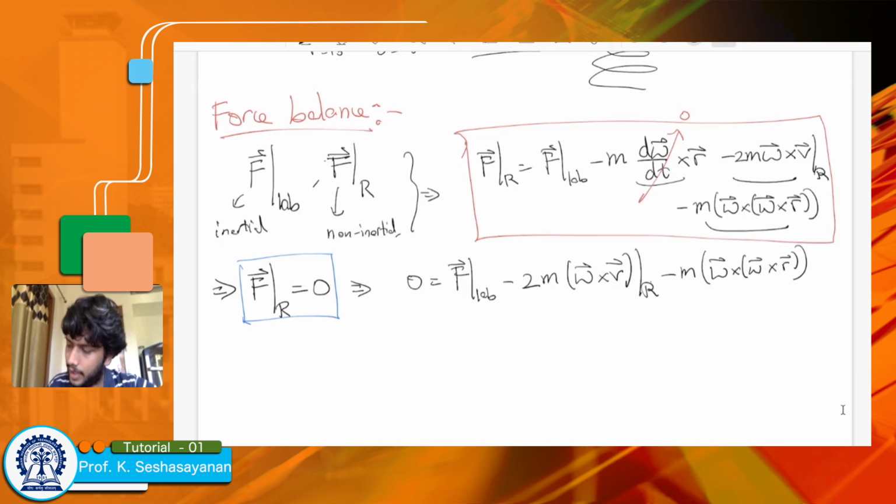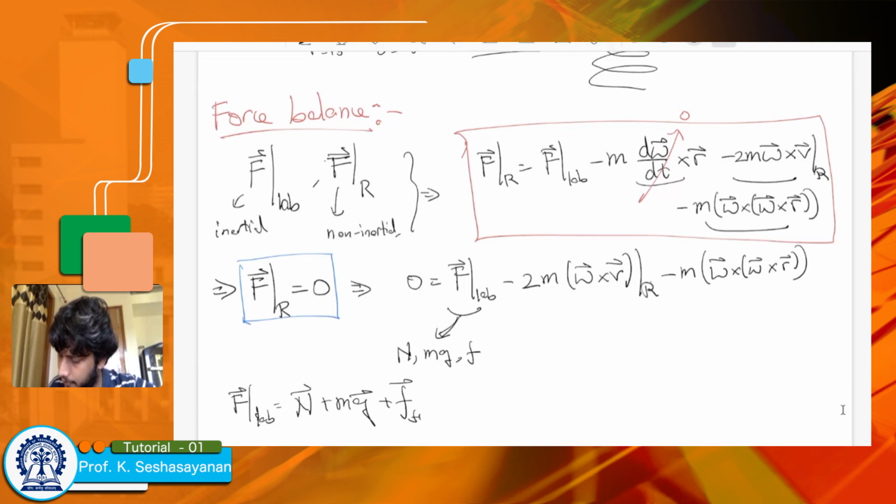So in F lab, we have the external forces. These are the only forces that act on the system. These are three forces, N, mg, and the frictional force. So we'll write F lab as some N vector plus mg vector plus f, the frictional force. So I'll write it as f subscript FRIC, which denotes the frictional force.